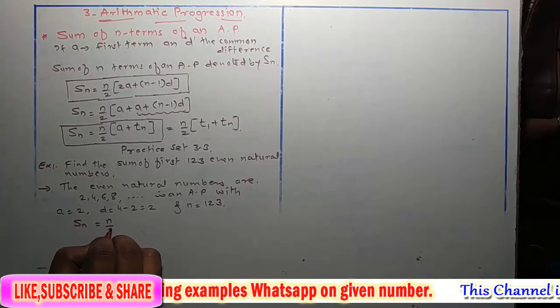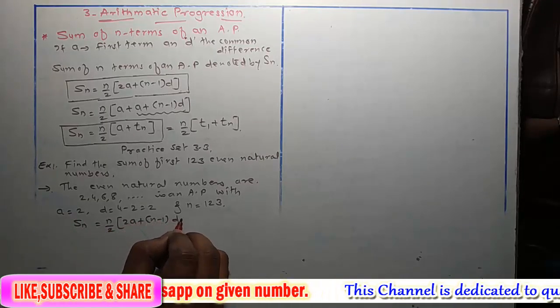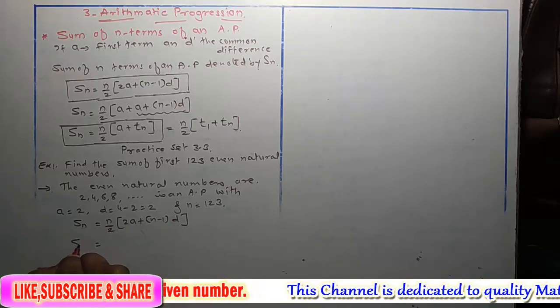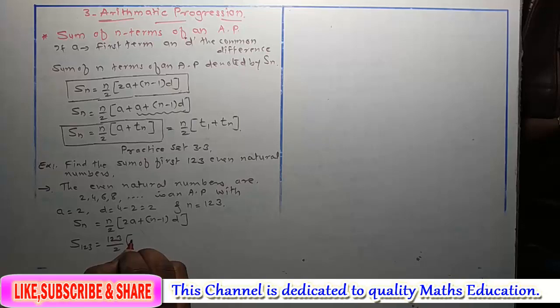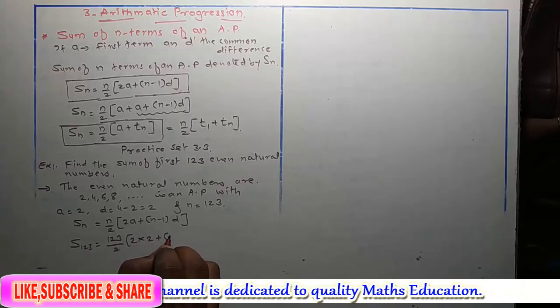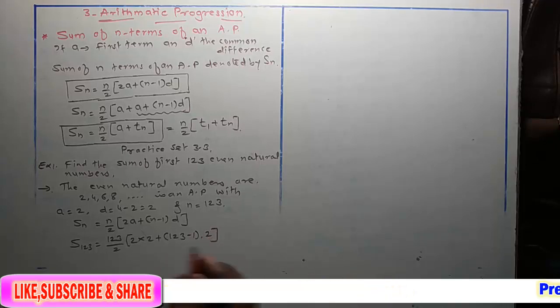So we have the formula for Sn. Sn is equal to n upon 2 bracket 2a plus n minus 1 into d, so S123 is equal to 123 upon 2 bracket 2 into 2 plus 123 minus 1 into d, which is 2.